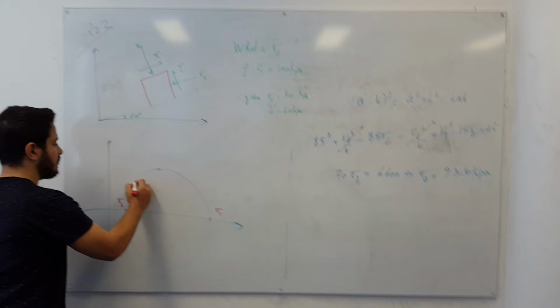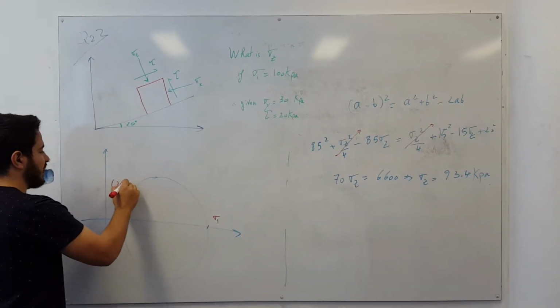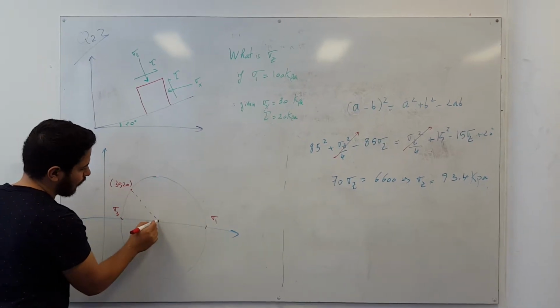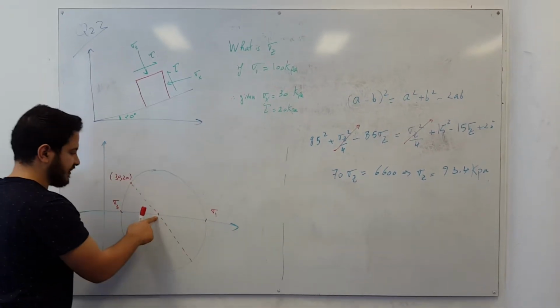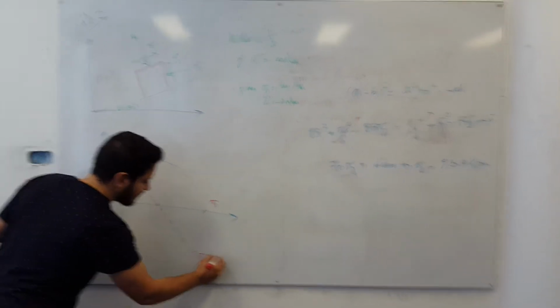Here at this point, we have sigma x, which is 30, and tau, which is 20. And on the side, that's the center of the circle. We have sigma z and minus tau.